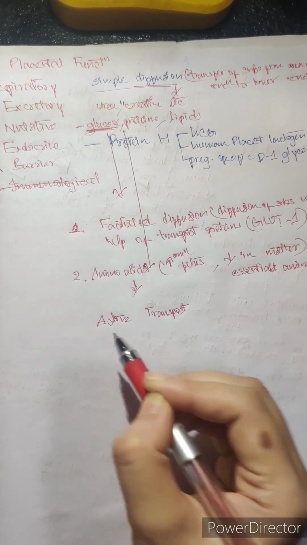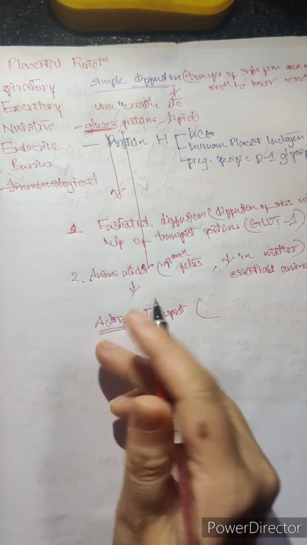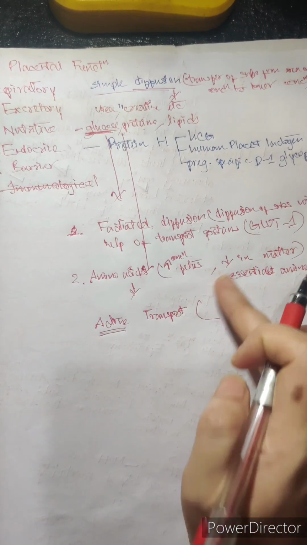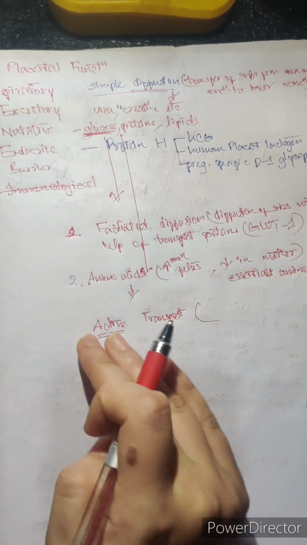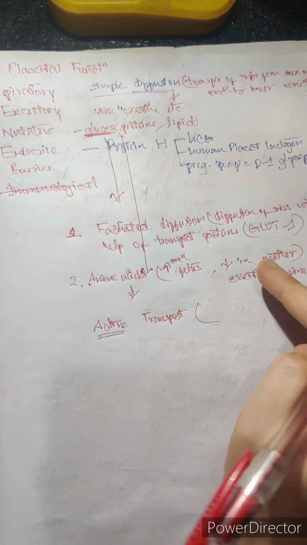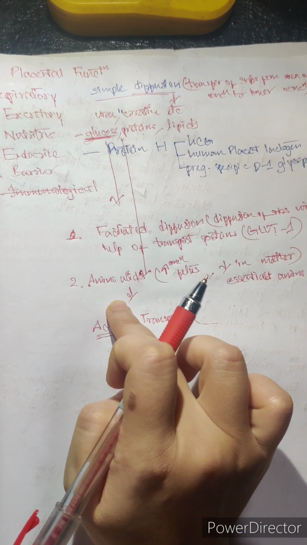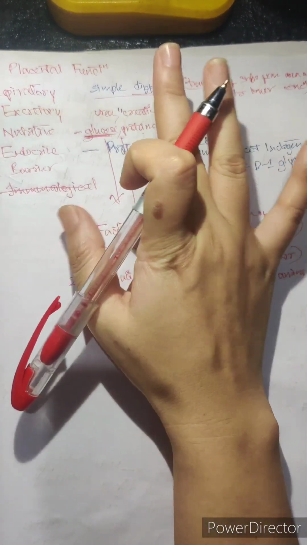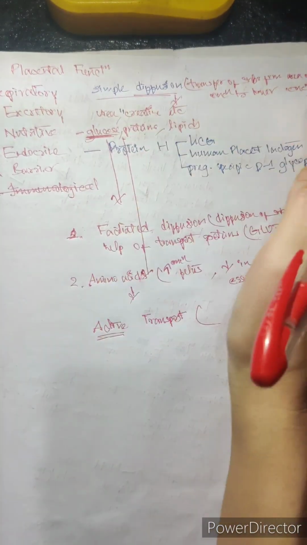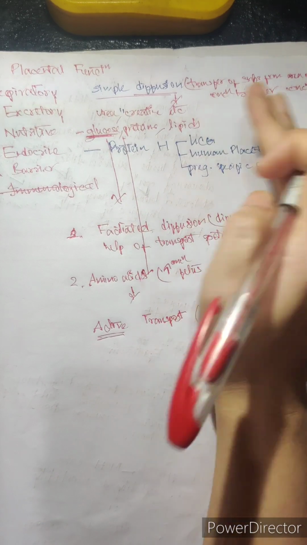Acha, why active transport? Because here the transportation of the amino acids is taking place from the area of low concentration to the higher concentration, unlike the first, where the transfer of substances was happening from the area of higher concentration to lower concentration.